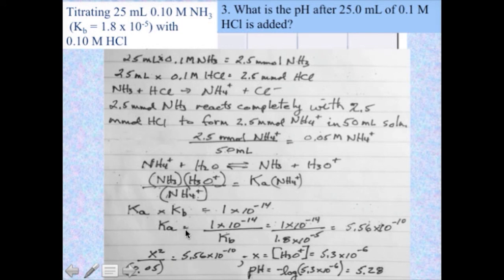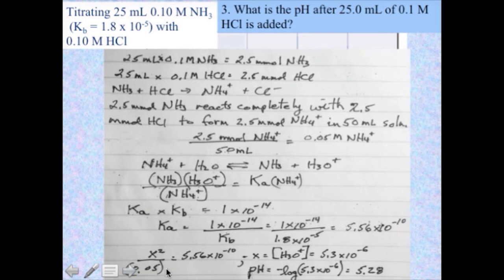So the Ka has to equal 1 times 10 to the minus 14 divided by ammonia's Kb. So that's 1 times 10 to the minus 14 divided by 1.8 times 10 to the minus 5. 5.56 times 10 to the minus 10, that's the Ka for ammonium ion, acting as an acid.